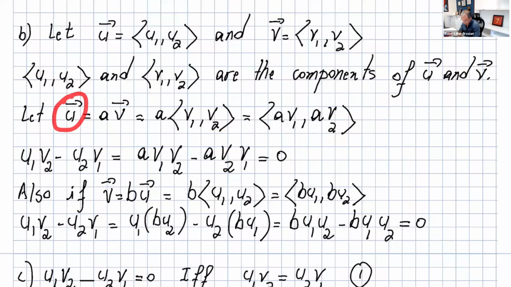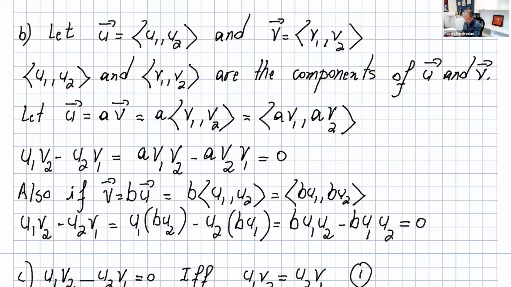So the components of U can be written as AV1, comma AV2. Now, if we write this relation again and we substitute, instead of U1 we can use AV1, and instead of U2 here, we can write AV2, and guess what? These are exactly the same thing. If you subtract, you get 0, so that works.